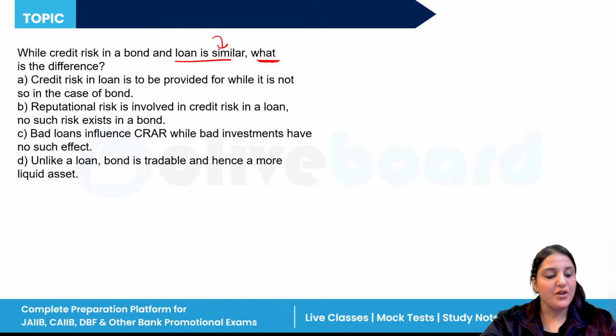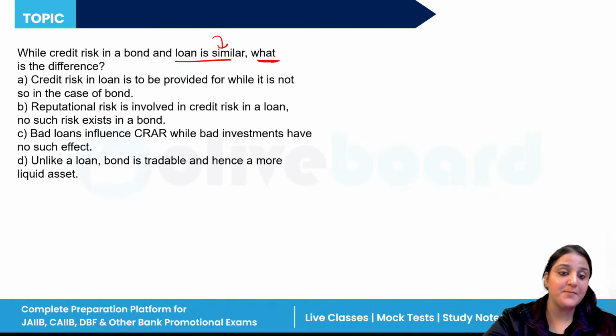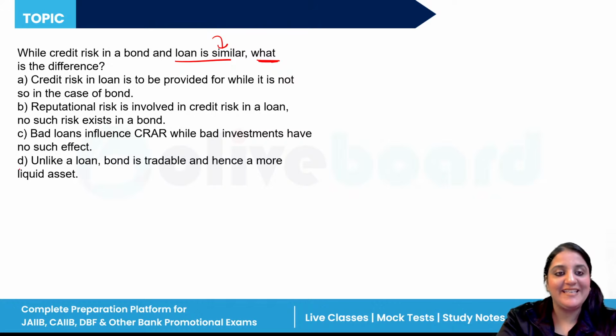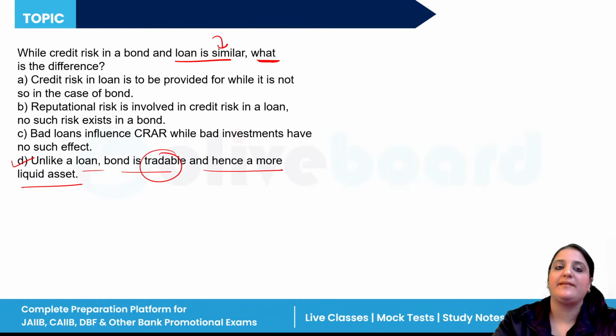So what is the difference? The key difference is that a bond can be traded in the market, making it more liquid, whereas loans are usually held until maturity and are not easily tradable. This liquidity difference impacts how risk and returns are managed. So option D is correct: unlike a loan, a bond is tradable and hence a more liquid asset.